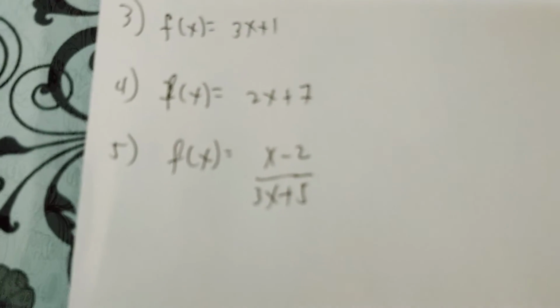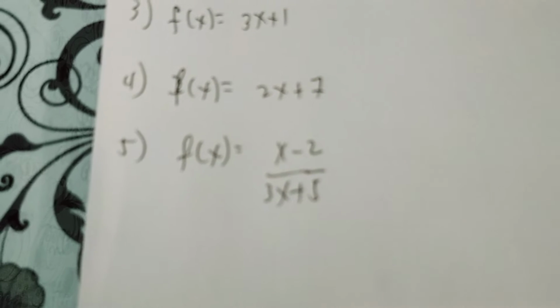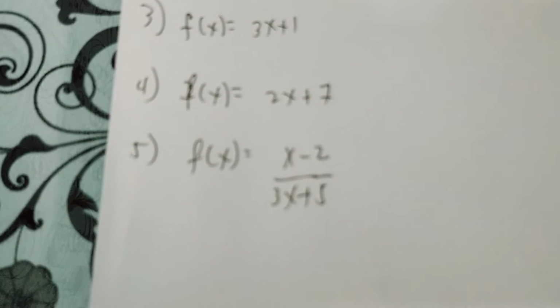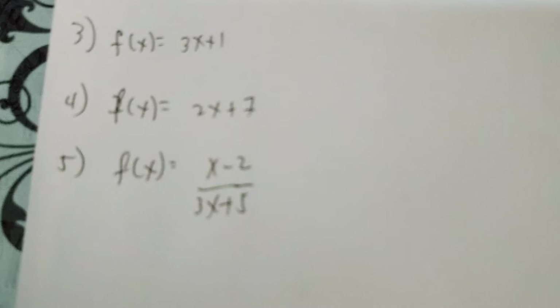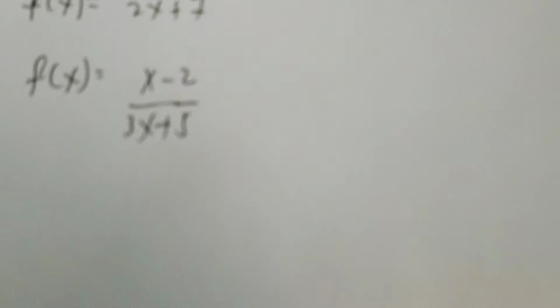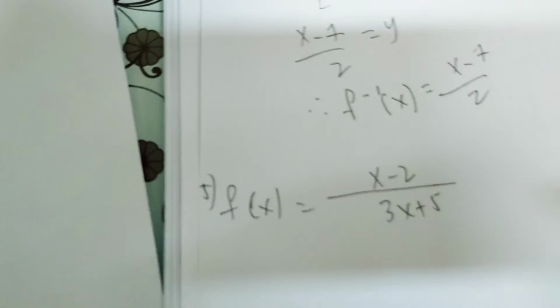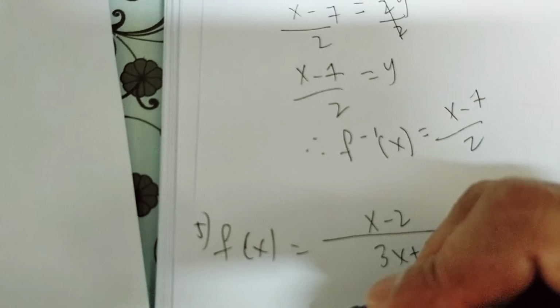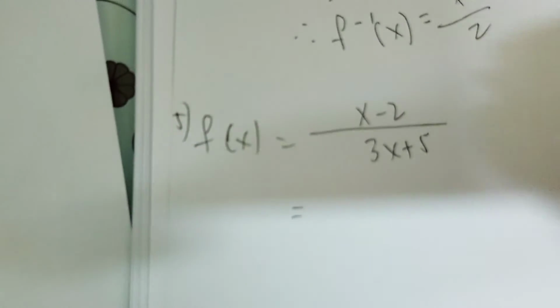Okay, last one, number 5, f of x. Let us copy. F of x, this is number 5, is equal to x minus 2 over 3x plus 5. Let me fix this, no? Ayan, nagiging blurred siya.